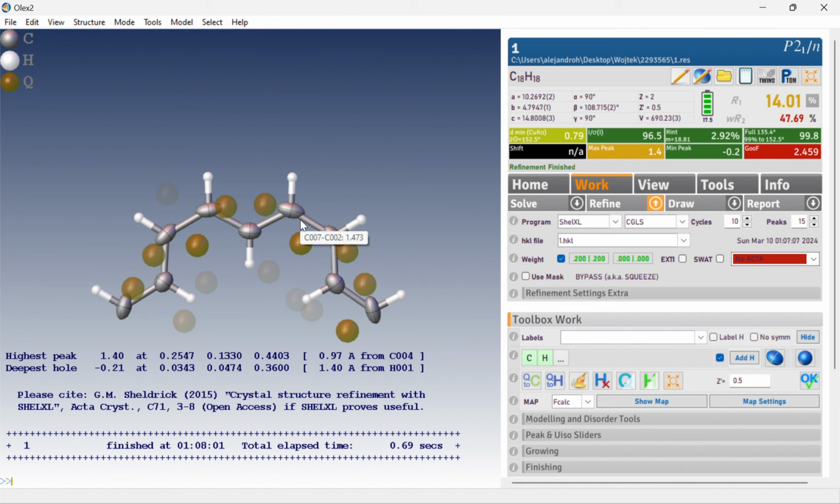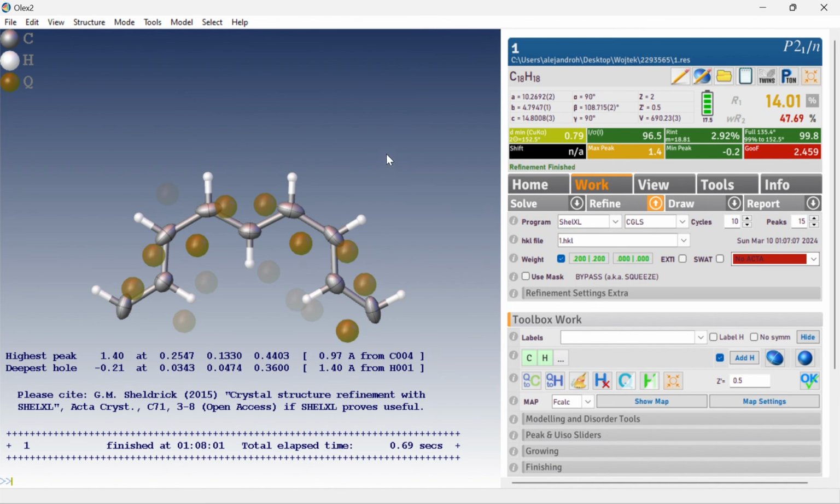We would be happy if they were in between bonds, because if electron density peaks appear in the bonds, it means that we have quite strong data set that is so strong that we see electrons in bonds, right? But they are a bit further away, and you can see that the peaks are quite large. The maximum peak is here, and it's of weight 1.4. Other peaks are quite large too, 0.9, 0.9, 0.8, yeah, so 1.3.